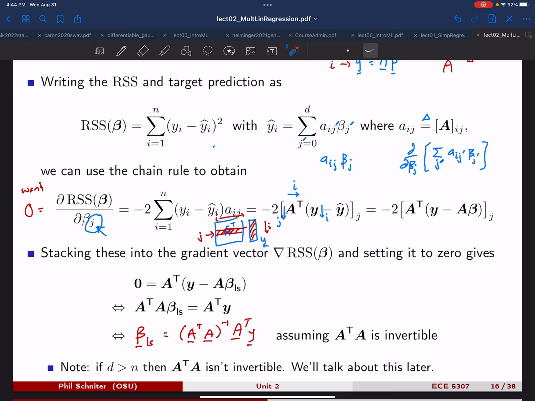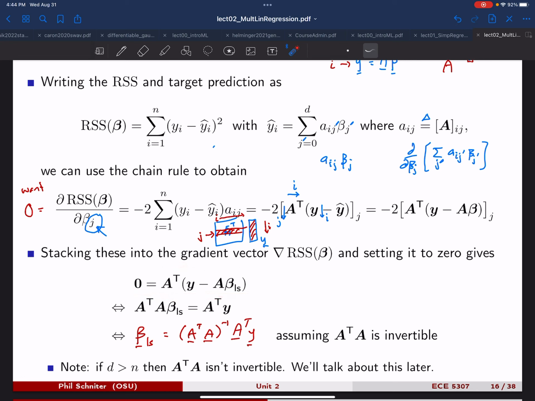Essentially, what we did is we started with this RSS. We wrote it in terms of our beta coefficients. We set the partial derivatives with respect to the individual beta coefficients to 0. Then we figured out how to write that in terms of matrices and vectors. We found that this whole vector needs to be equal to 0, which gave us this equation.